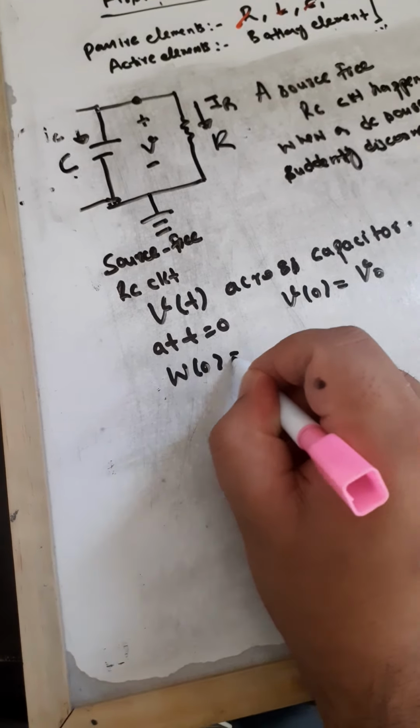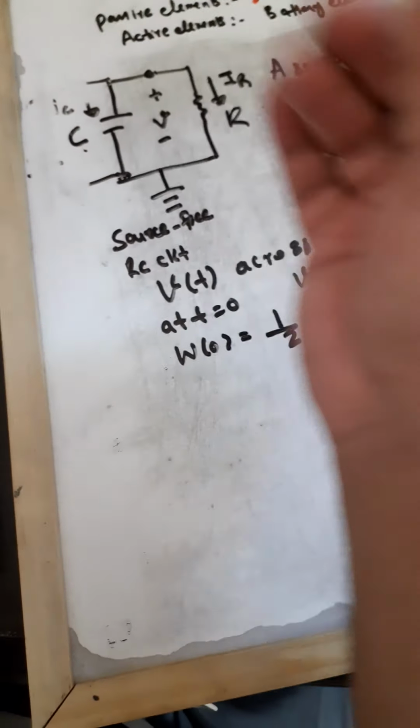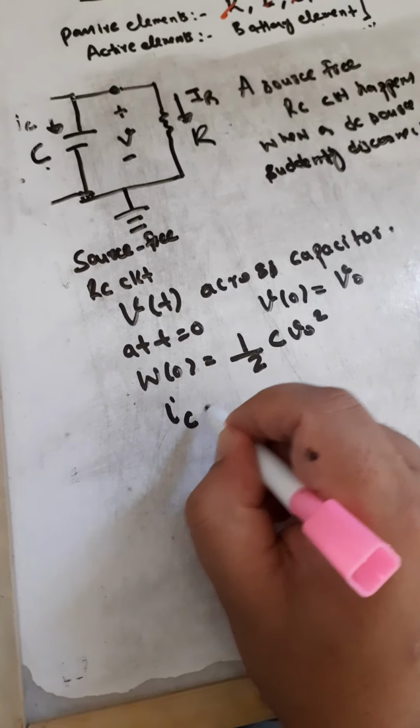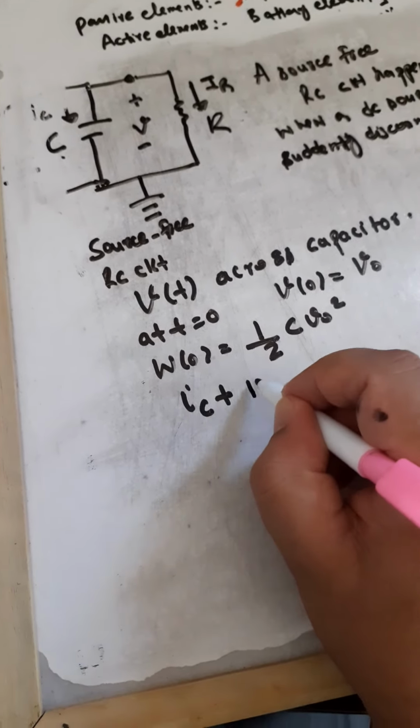Now you can apply KCL at the top node. The algebraic sum of currents will yield I_C plus I_R is equal to 0. This is a parallel circuit, so the voltage will remain the same here.